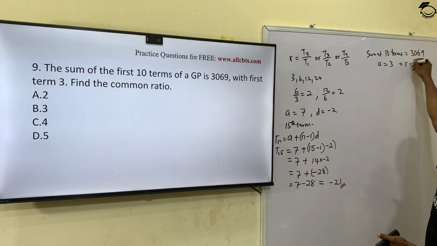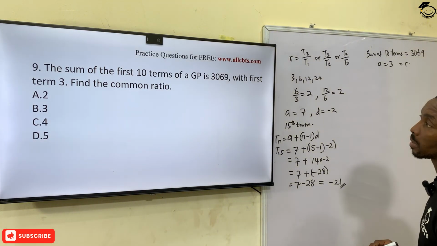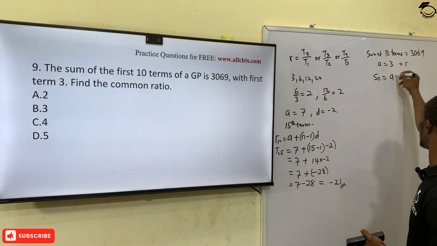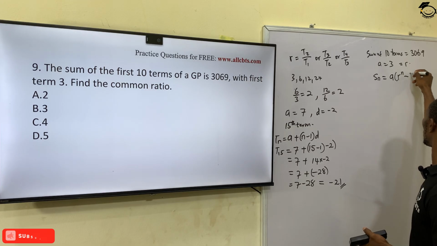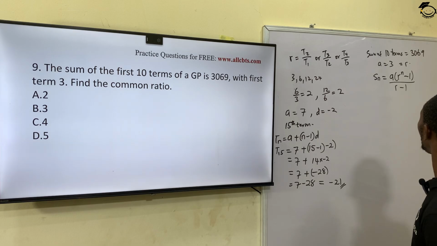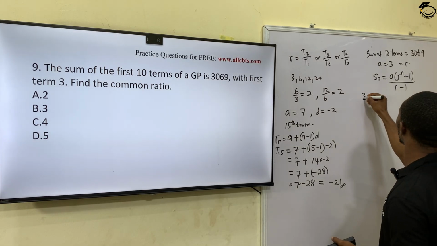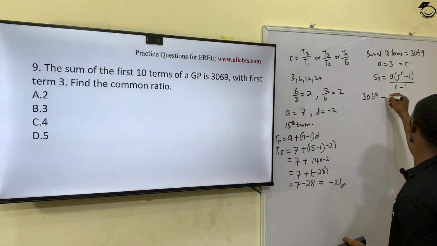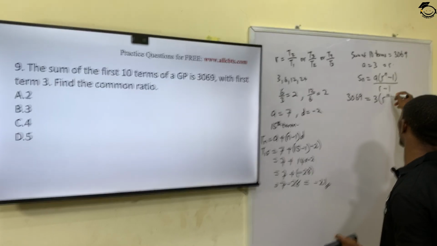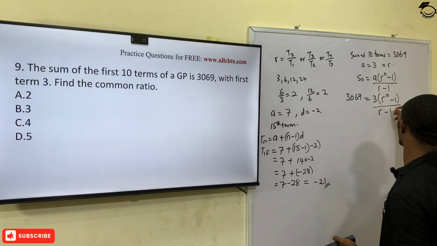So we are looking for our R. We know that our formula for finding the sum of terms in a geometric progression is Sn equals A brackets R raised to power n minus 1 all over R minus 1. So here we have 3069 equals first term 3 brackets R raised to power 10 minus 1 all over R minus 1.